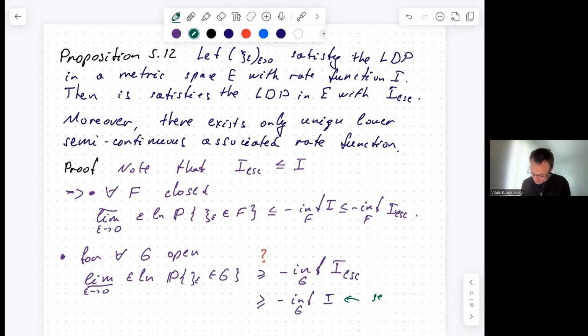So, like the definition of large deviation principle. Therefore, the idea is to show the inequality for this function. Everything we will do, we will show the equality between two infimums.